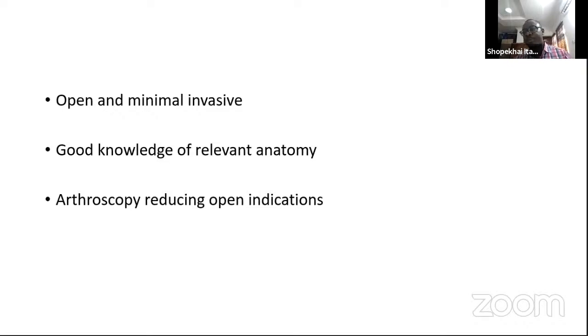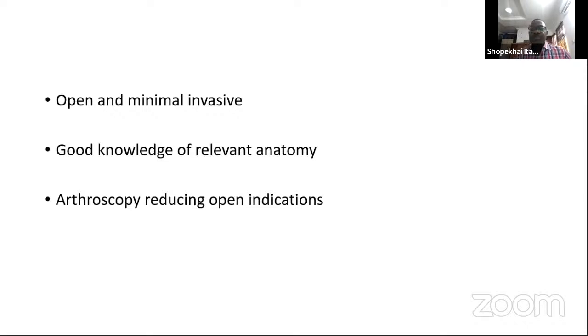Because sometimes you find people who do shoulder surgeries for instability, for example, and then at the end of the day, the patient has gross restriction of external rotation. And that is not helpful at all. And that's down to approach and knowing what to do or what to touch and what not to touch.